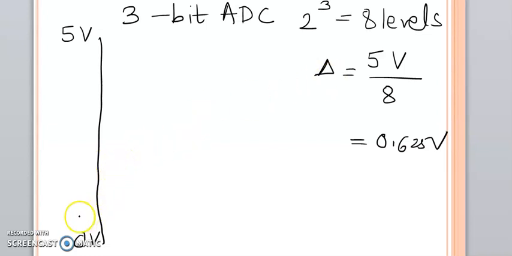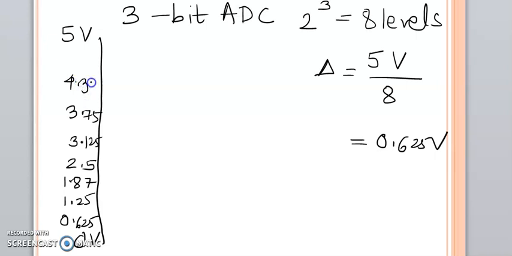So now I am going to mark these levels. Here I am going to have 0.625. Then the next level will be 1.25. Next will be 1.87. So in this way the levels are going to be there. And lastly the 5 volt.